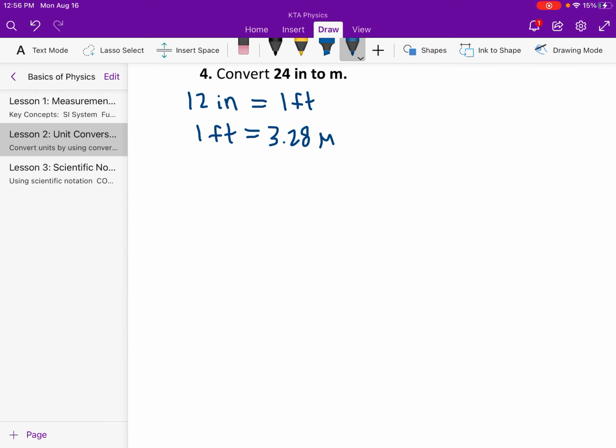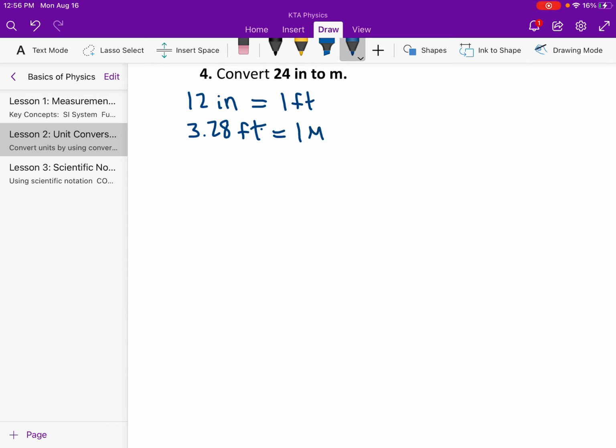How many feet in a meter? That's what I should have said. How many feet in a meter? It is 3.28, but that's flipped around. So let's try that again. 3.28 feet equals 1 meter. That's better.